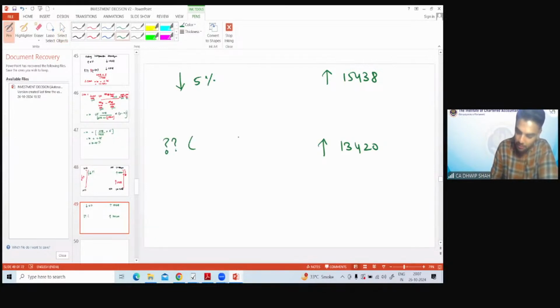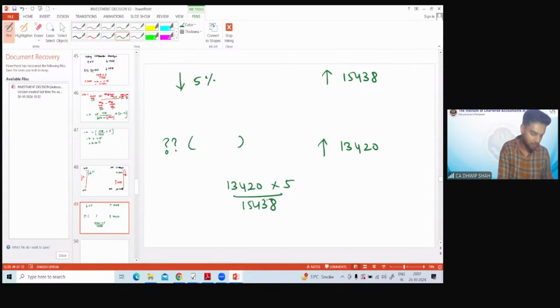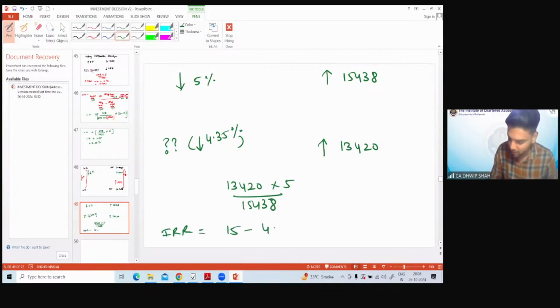This is what interpolation says. So again cross multiply: 13,120 multiply by 5 divided by 15,438. ठीक है. So it comes to, so you need to decrease it by 4.35%. So can I say my IRR in this case would be 15 minus 4.35?